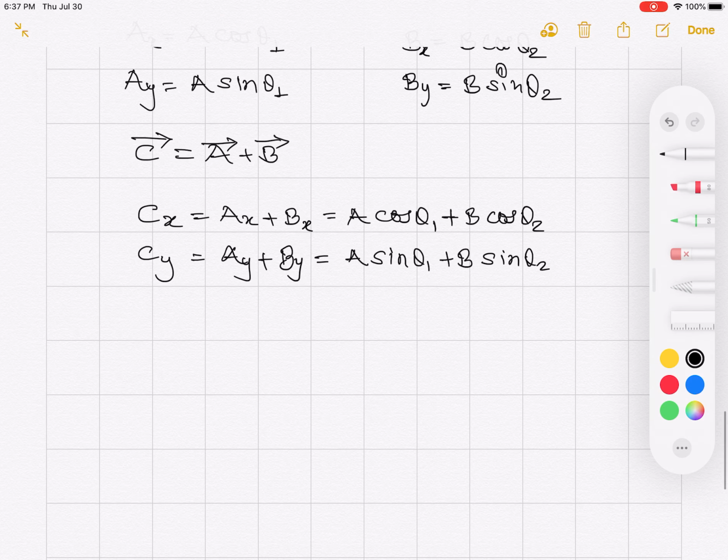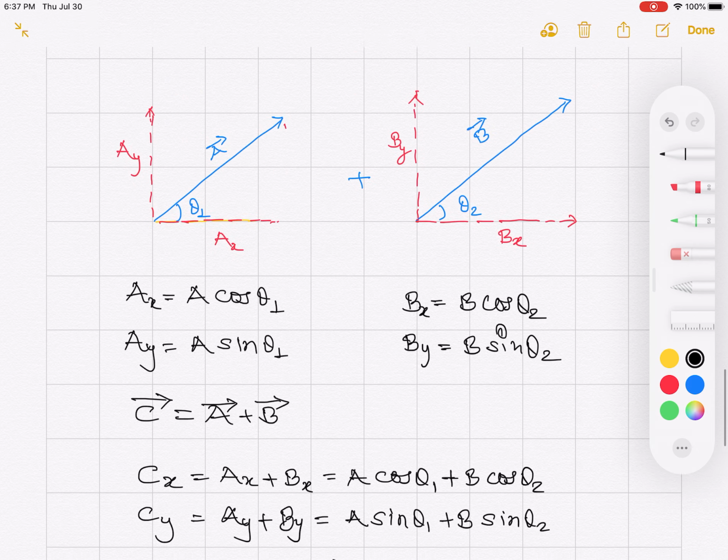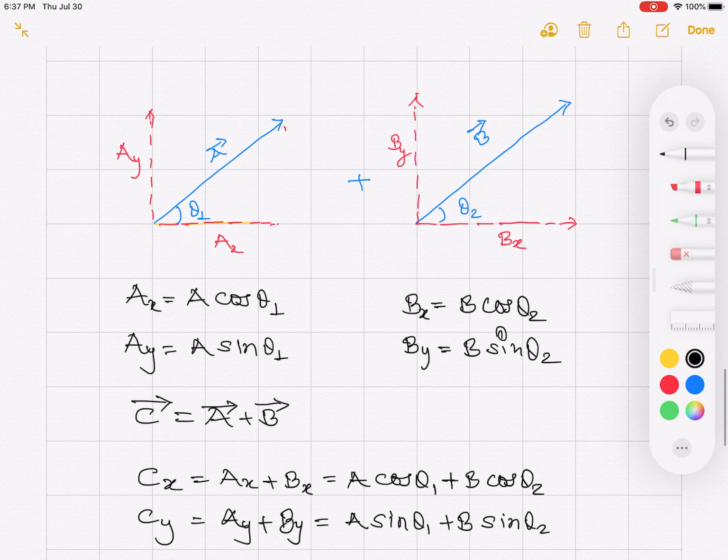Now the magnitude of C is equal to the square root of cx squared plus cy squared. So you can find the magnitude.